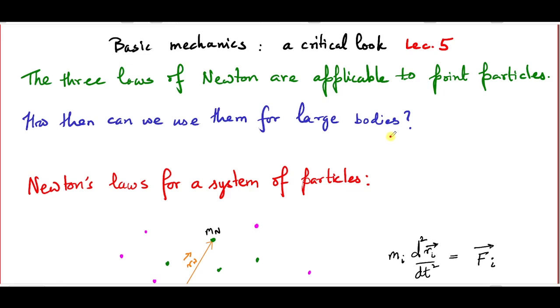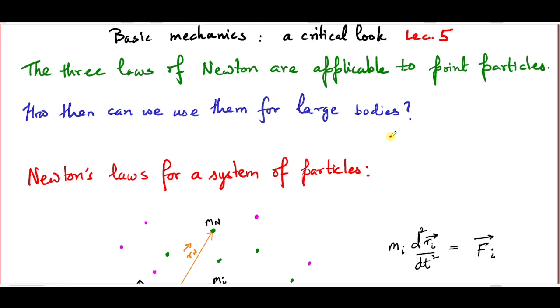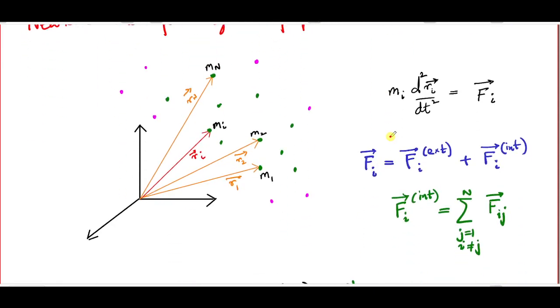And in order to address that, we need to talk about what is called a system of particles. Now, let us focus on this particular picture here, where I have tried to draw green dots. These should have been 0-dimension dots for point particles, but since 0-dimension dots would not be visible, I have drawn green circles here.